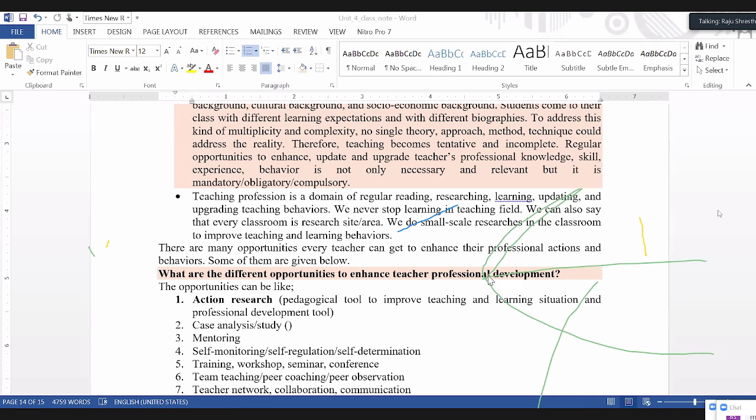A 5 days training is taken, it starts and it ends. This is not continuous professional development. Continuous professional development means regularly updating, upgrading professional knowledge, engaging in different strategies like regularly carrying out action research, regularly carrying out case study activities, then upgrading professional knowledge. We have to go in that direction.